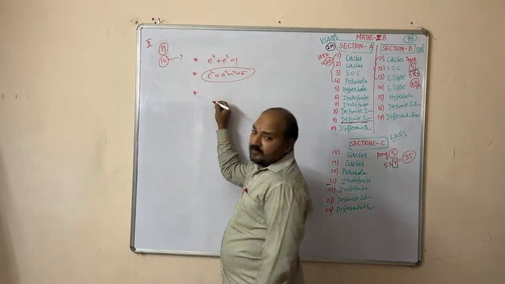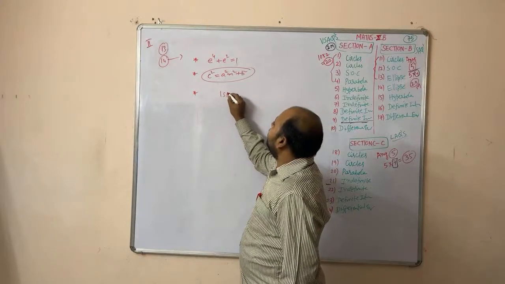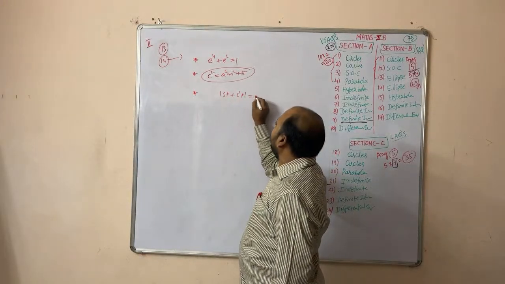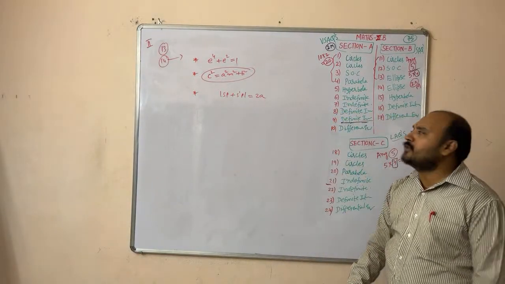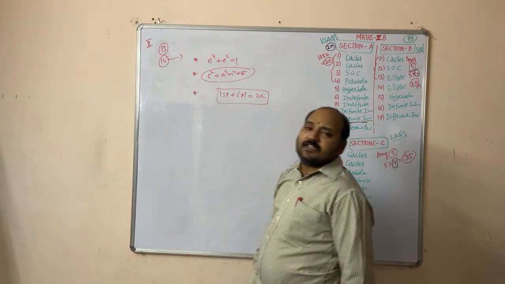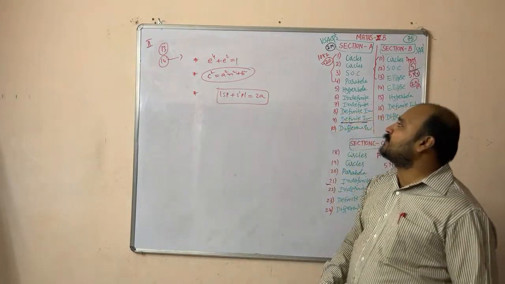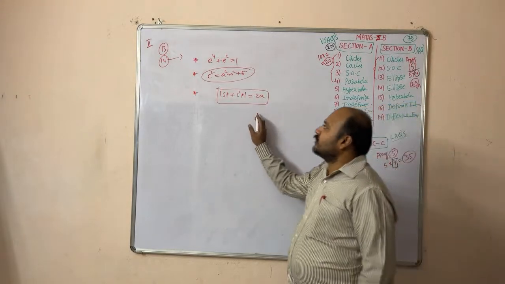And prove that if P is any point on the ellipse, then show that SP plus S dash P is equal to 2a. This is one of the important theorems, for 2 marks or 4 marks questions. Based on this, you will get it, students.